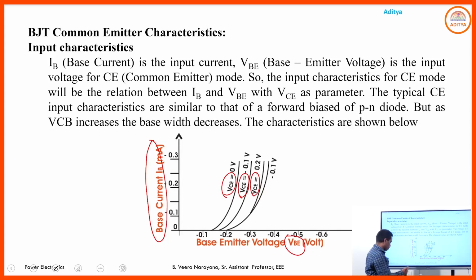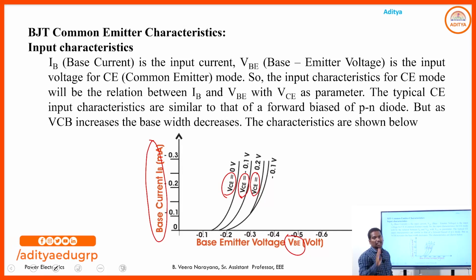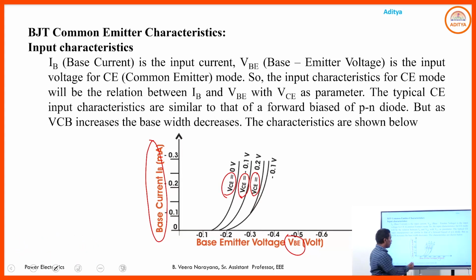Diode VI characteristics means whenever the anode is positive with respect to the cathode, and the voltage across the diode crosses the threshold voltage or break-in voltage, then the current flowing through the diode increases. See here, up to this threshold voltage, there is no base current, and correspondingly the transistor is in the off state.